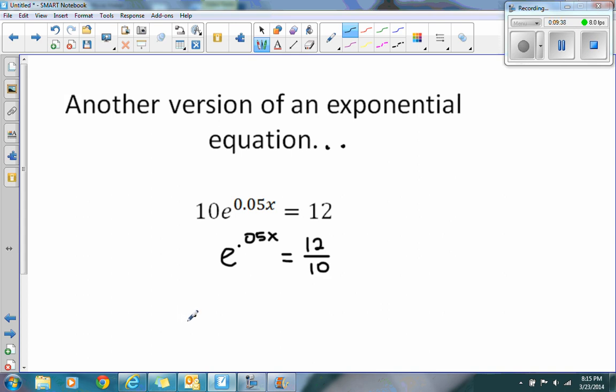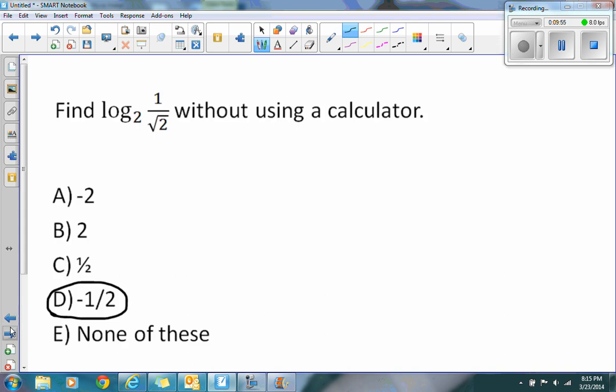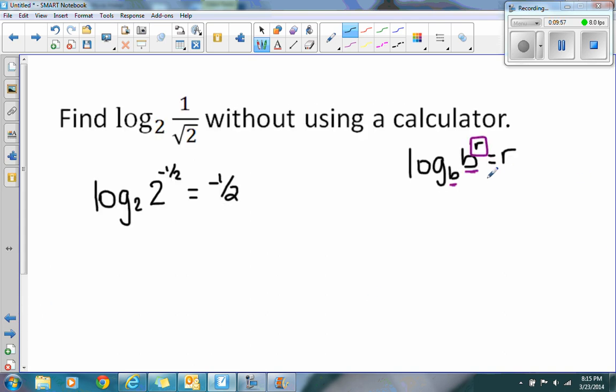Now when we are using e, we're going to use our natural log instead of our common log. Our calculator only understands common logs and natural logs, and we like natural log here for the reason that we just used back on this slide. Natural log means log base e.